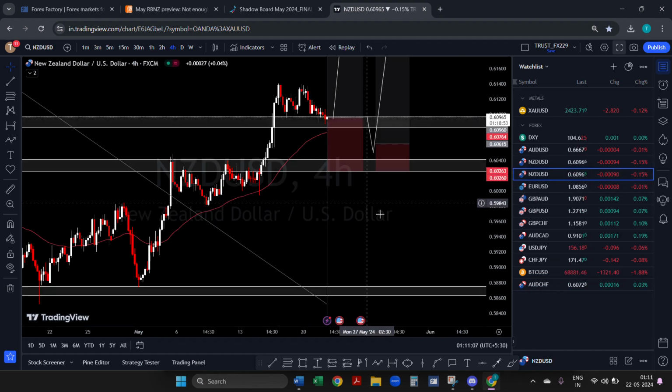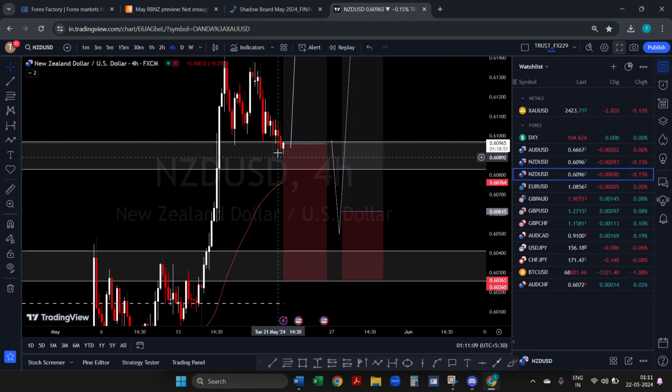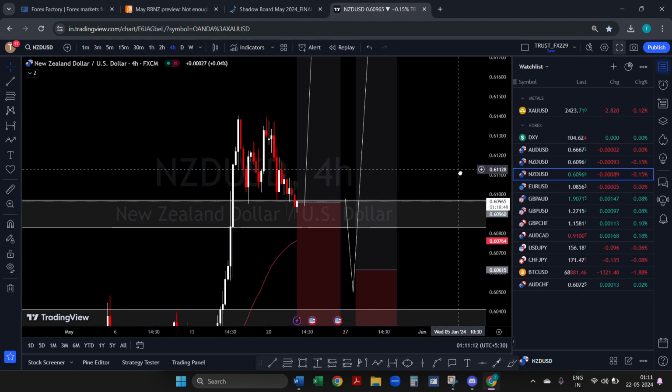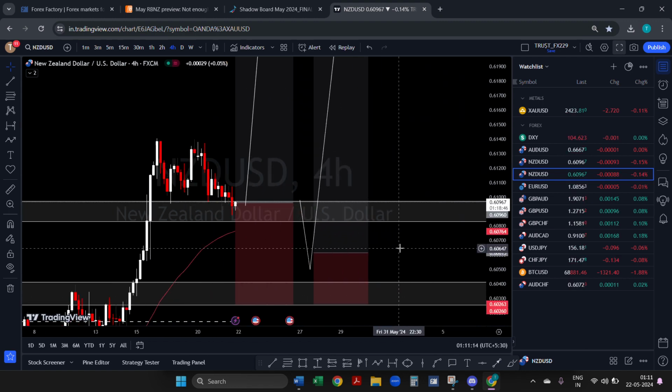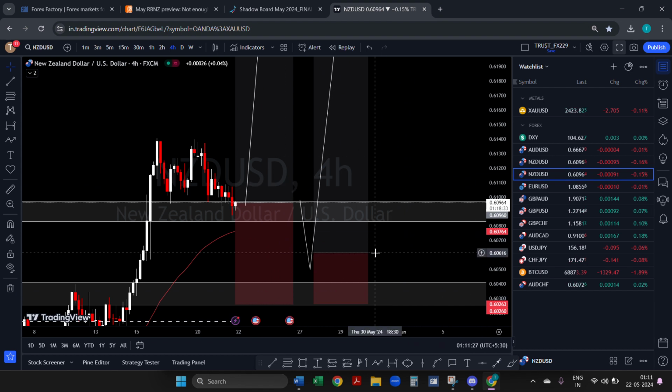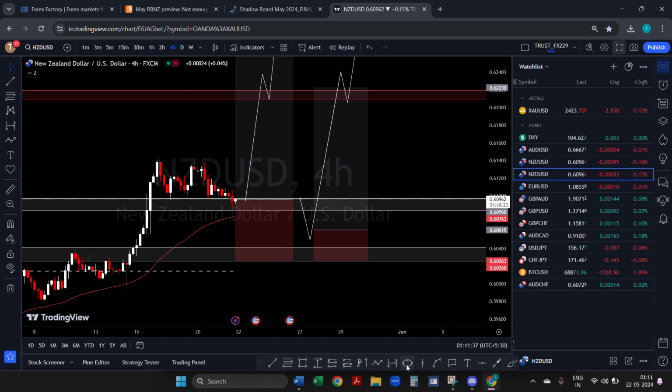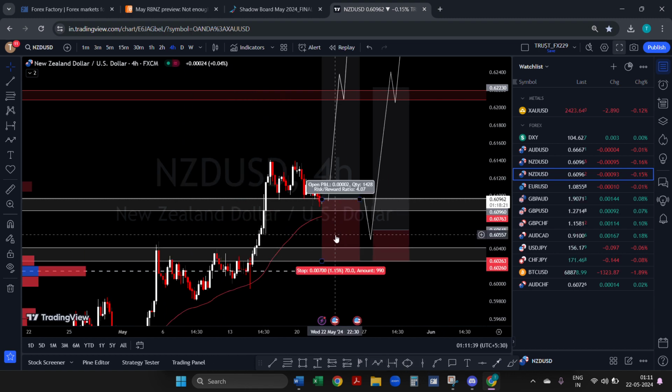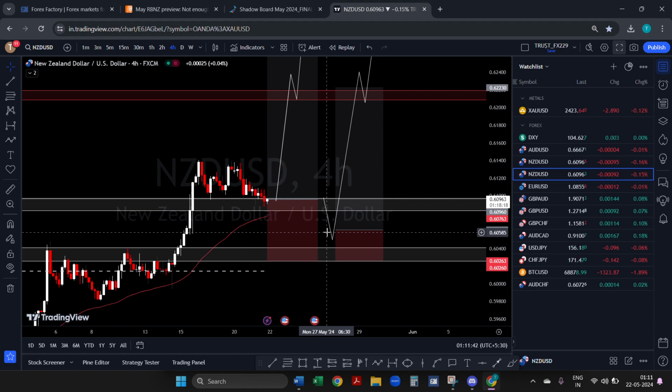So let's see where our trade goes, right? It has started going up. And again, if we get some hawkish monetary policy tomorrow morning by RBNZ, we can see a nice spike in the NZD USD.